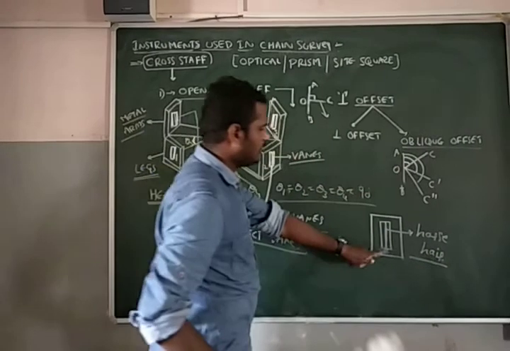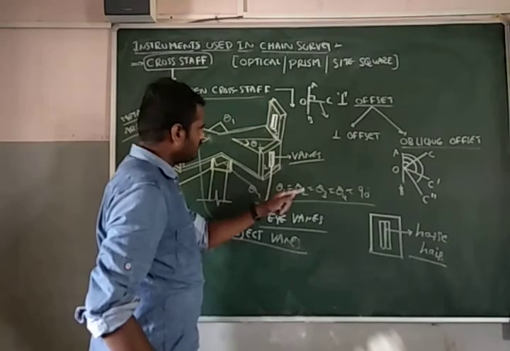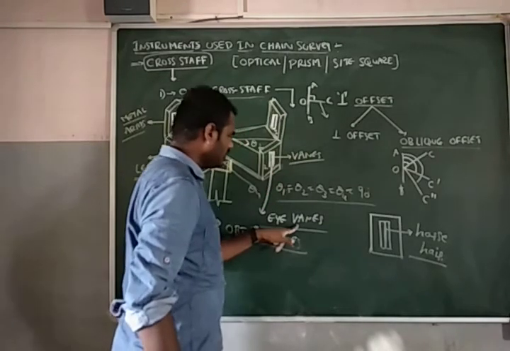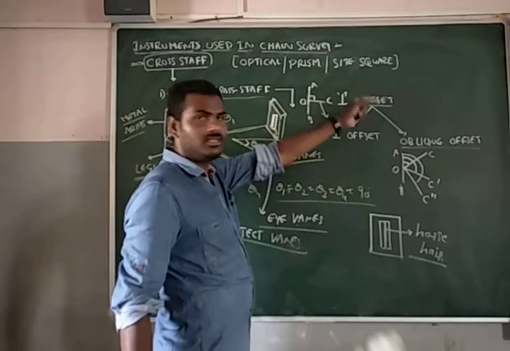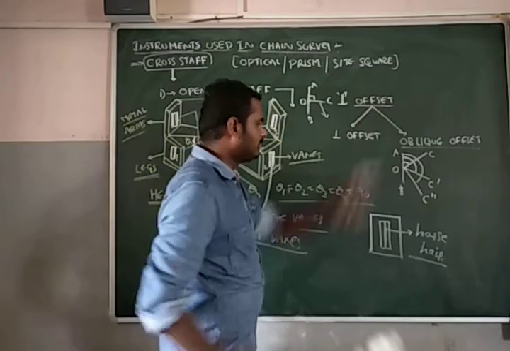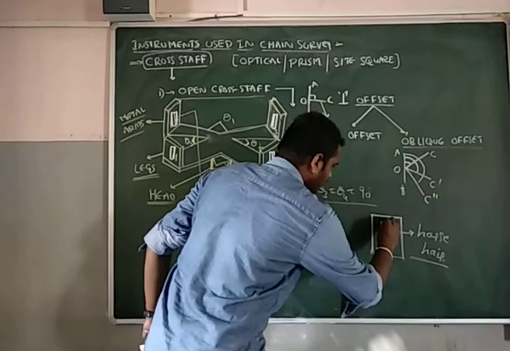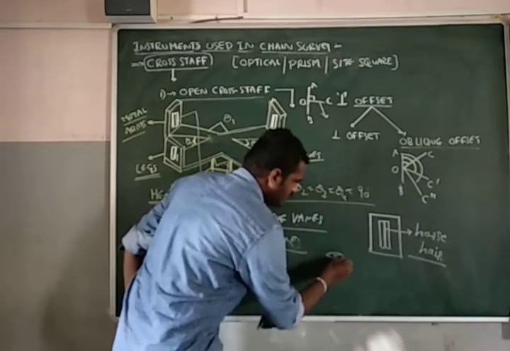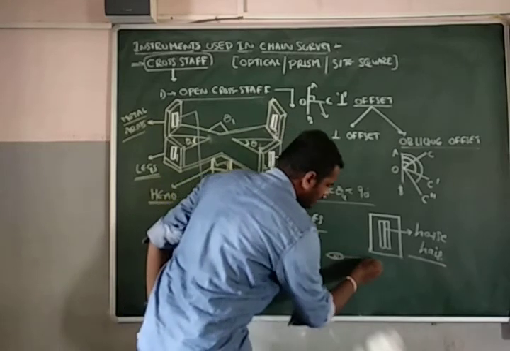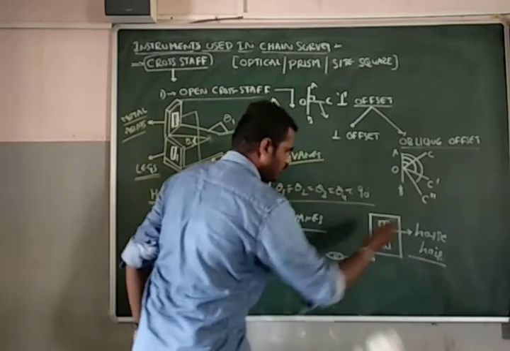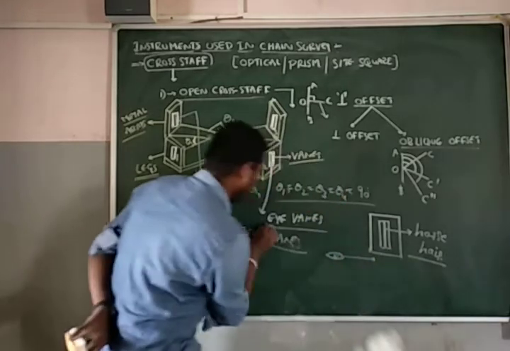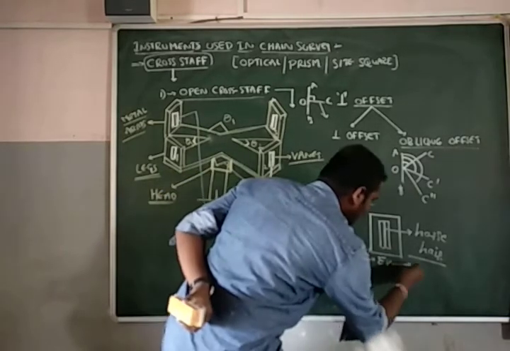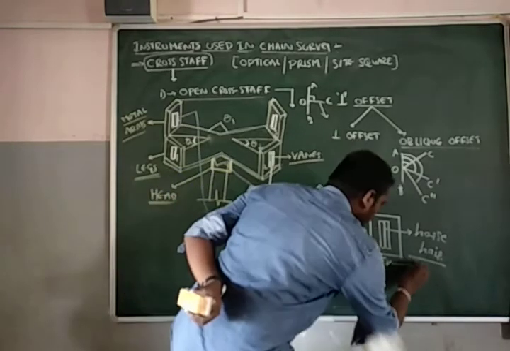Horsehair. So an observer has to observe from one vane, from the eye vane, to the object vane, and finally to the point. So let us say this is the eye of an observer. The line of sight should pass through the first one, the eye vane, and then it should pass through the object vane.